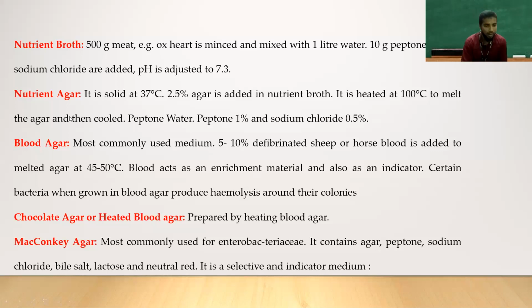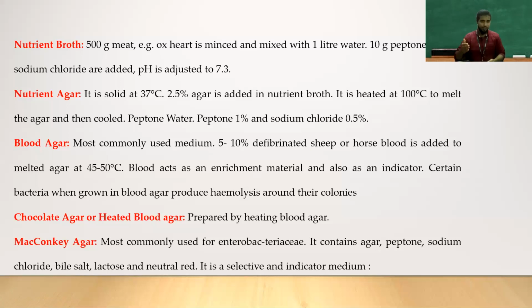And what is blood agar? Okay, this is the most commonly used medium, especially to find hemolytic bacteria, and it contains 5 to 10% of defibrinated sheep or horse blood. Defibrinated means removal of the fibrinogen from the blood. Fibrinogen is a protein that helps in clotting of blood.